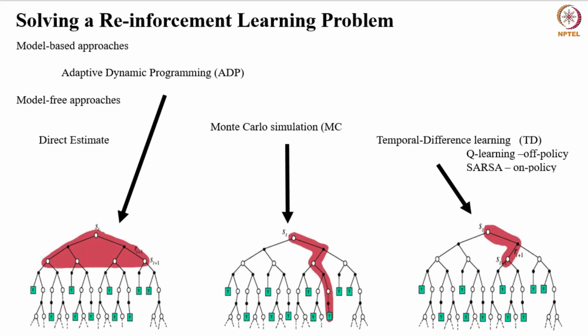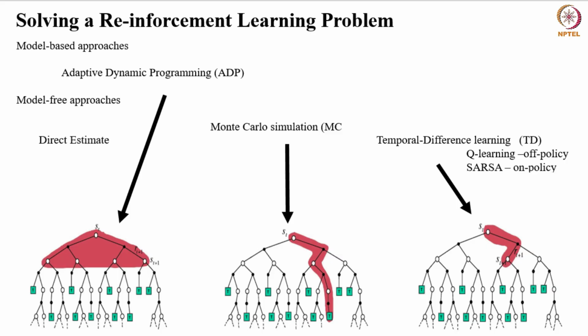What we will do now is look at the various approaches to solve the reinforcement learning problem in the case of not complete information. We will talk a little about one particular model-based approach, which is called adaptive dynamic programming.